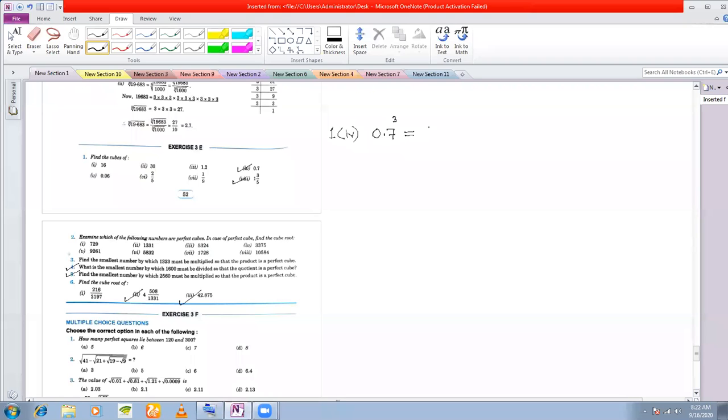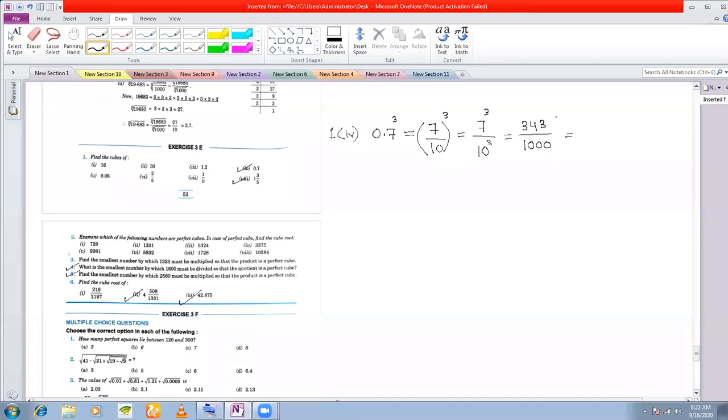Convert this decimal to a fraction and write this as 7 by 10 whole cube. Now this is 7 cube by 10 cube. Now 7 cube, you know this as 343 divided by 10 cube is 1000.